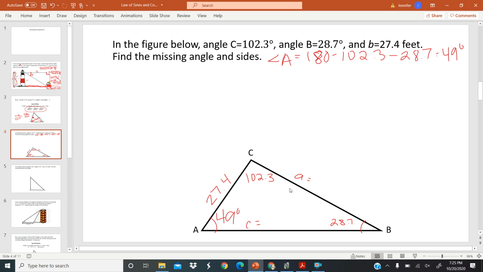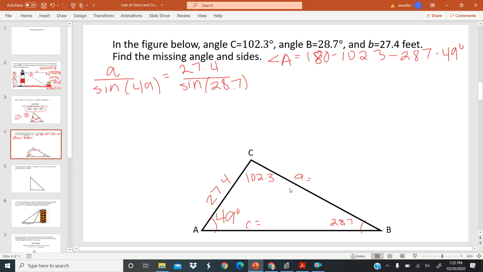And so then I just need to find side little a and side little c. Let's start with side little a. We're going to have side little a over sine of angle A, which is 49, and we're going to set that equal to side little b, which is 27.4, over the sine of angle B, which is 28.7.